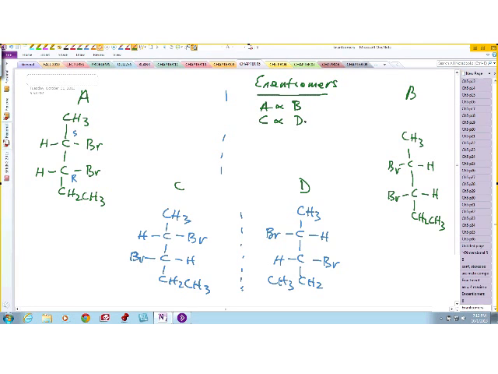Now, what is the relationship between A and C? Configurational diastereomers.